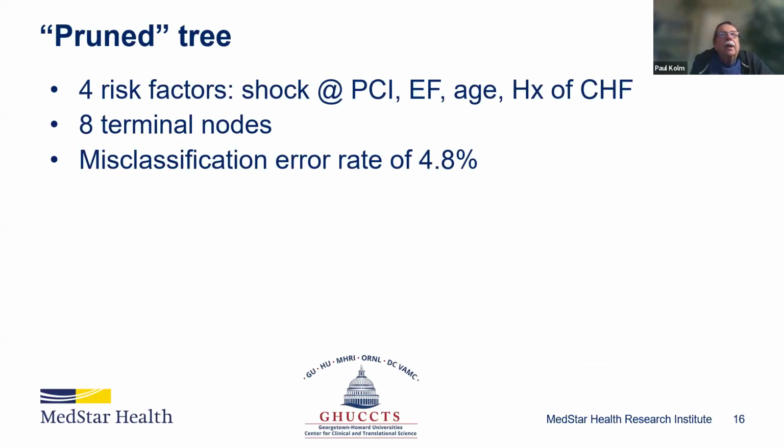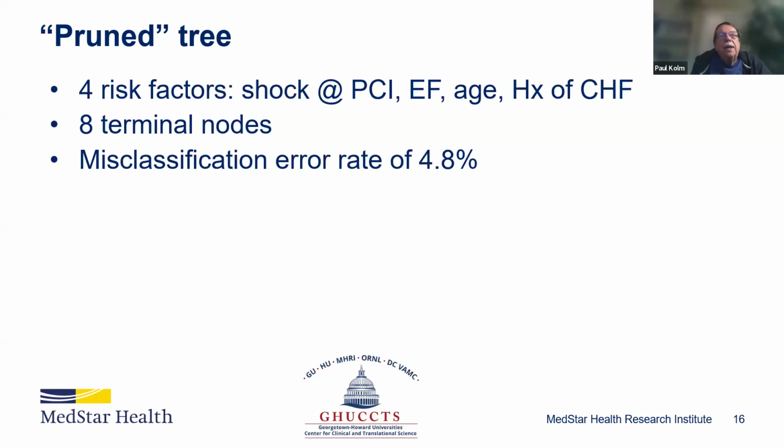So in pruning the tree, we come up with 4 risk factors, and we have reduced it from 145 terminal nodes to 8. These 4 risk factors are shock at PCI, ejection fraction, age, and history of congestive heart failure.